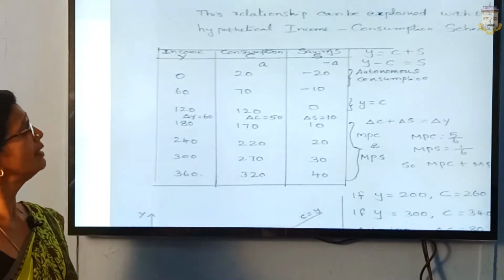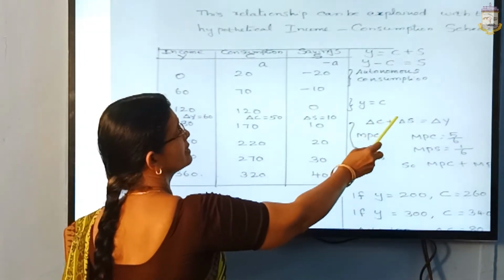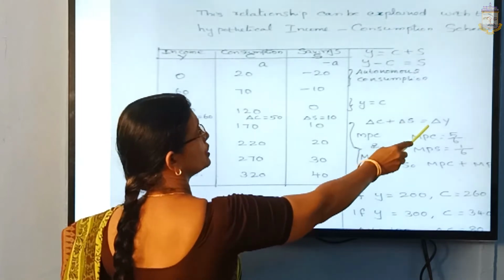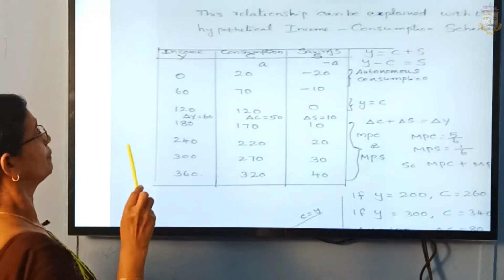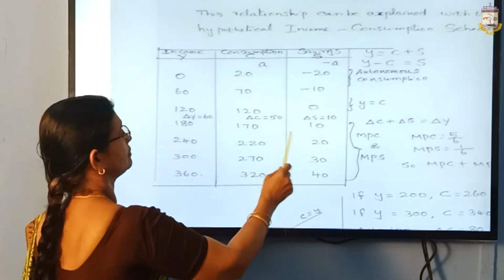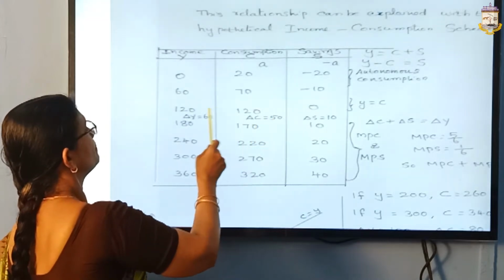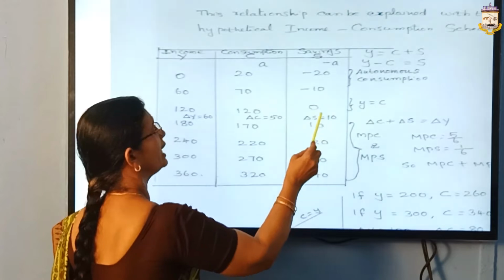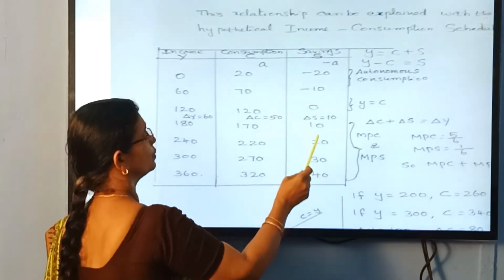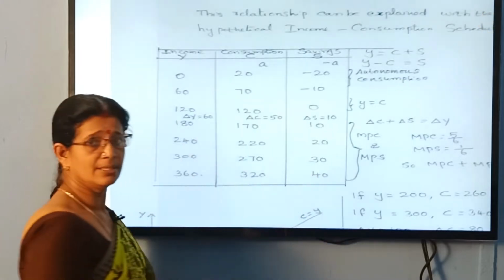வருமான அதிகரிப்பை நுகர்வில் ஏற்படுகின்ற மாற்றம் பிளஸ் சேமிப்பில் ஏற்படுகின்ற மாற்றம், that is equal to வருமானத்தில் ஏற்படுகின்ற மாற்றம் என்று நமக்கு பிரிக்கப்படுகிறது. So in this case, what is MPC? MPC is 50 by 60, and what is MPS? MPS equal to delta S, 10 minus 0, 20 minus 10, 30 minus 20, 40 minus 30.